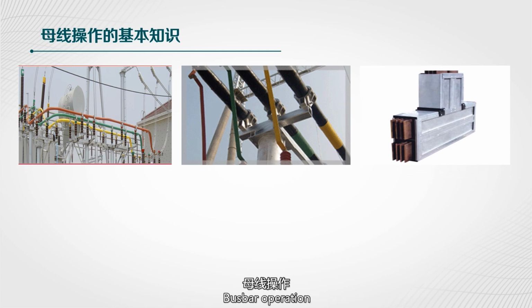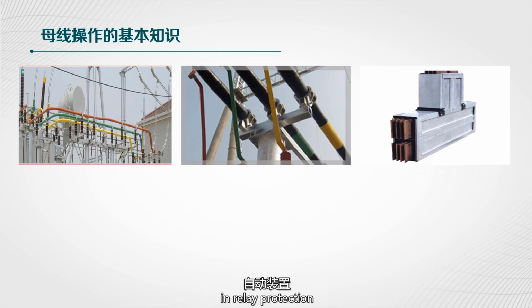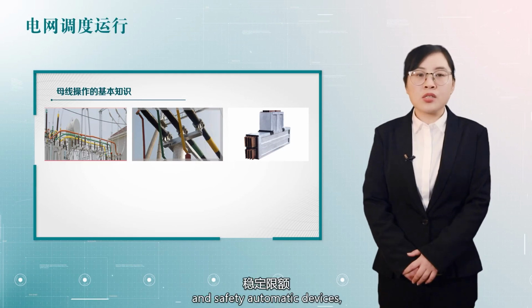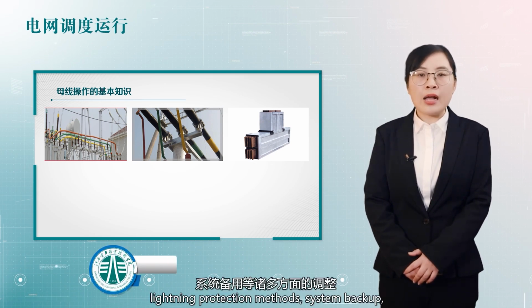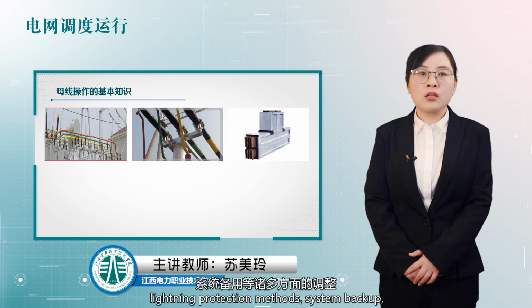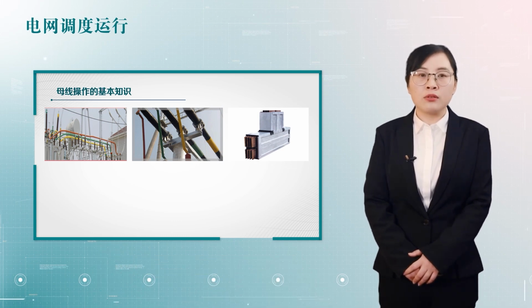Bus bar operation not only relates to changes in the operation mode of the system, but also involves adjustments and coordination issues in relay protection and safety automatic devices, stability limits, lightning protection methods, system backup, and many other aspects.